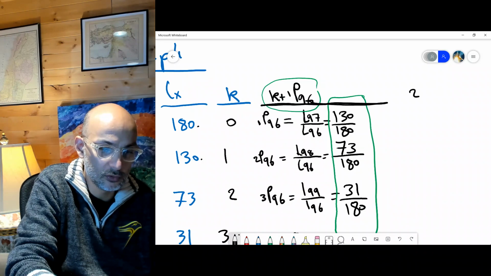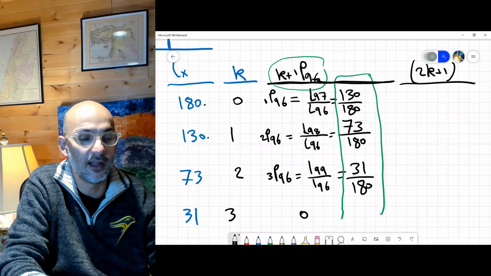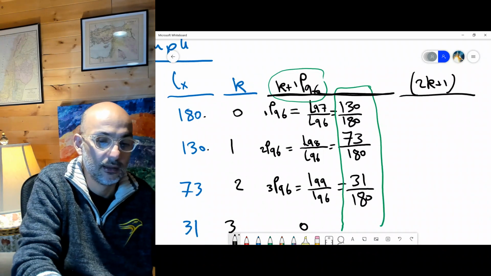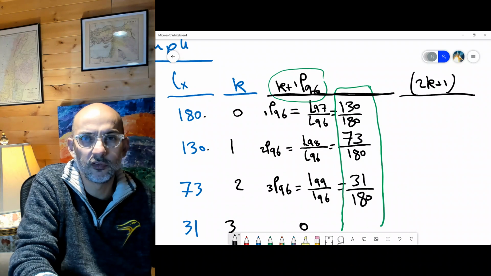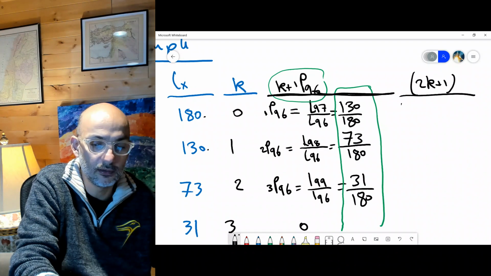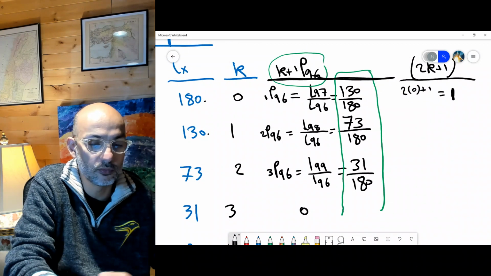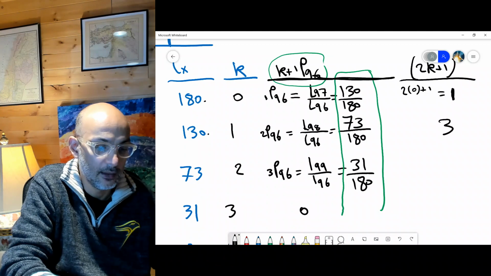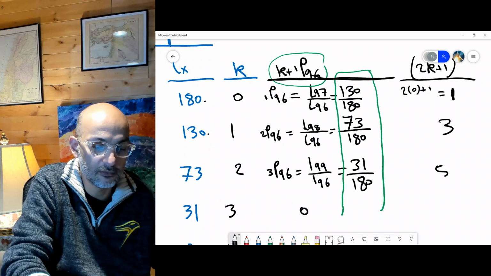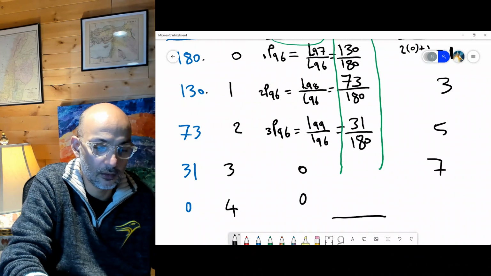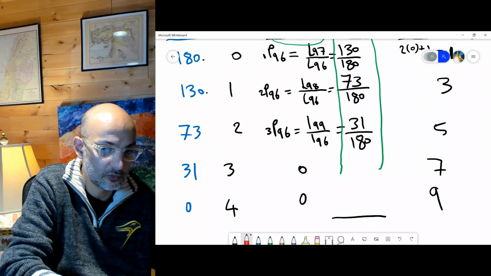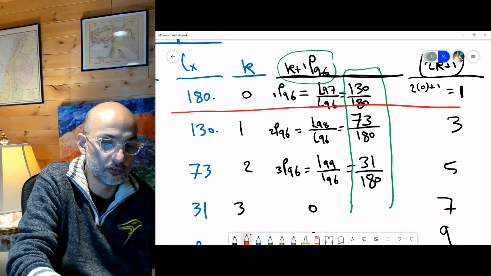I will add 2k plus 1 and then multiply it with that one. So 2k plus 1, if you have k is 0, 2 times 0 plus 1 is equal to 1. Then the next one, you have 2 times 1, 2 plus 1 is 3. And then 5, 7, 9. Let me just use lines so we don't confuse ourselves.